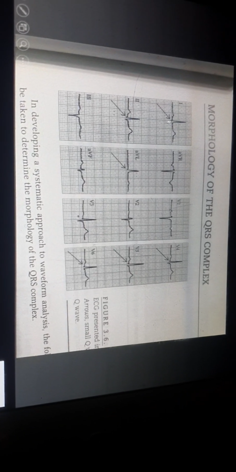What is the importance of all these intervals? So look at the morphology of the QRS complex. Lead V1, lead 1, lead 2, lead AVL, they have small Q waves, and this is normal. V4 to V6 also have small Q waves, and this is normal because this is because of septal depolarization.